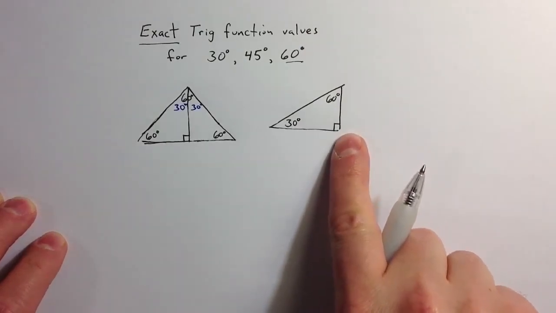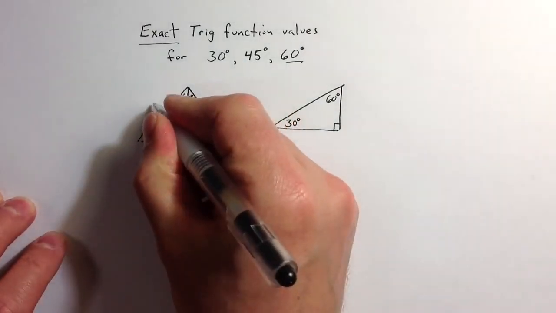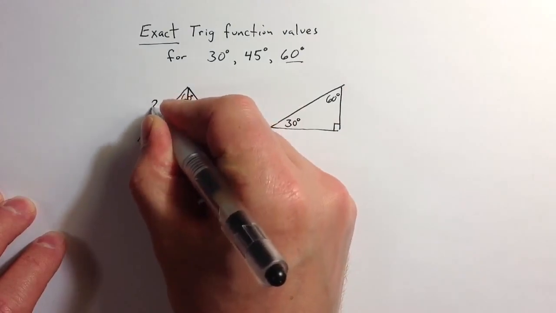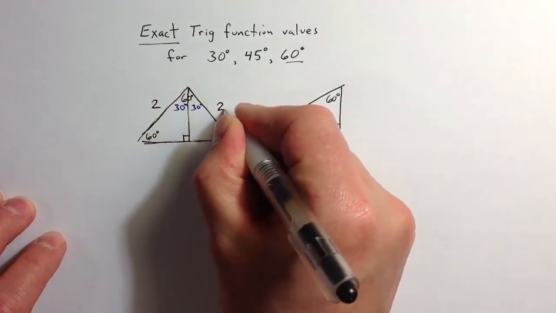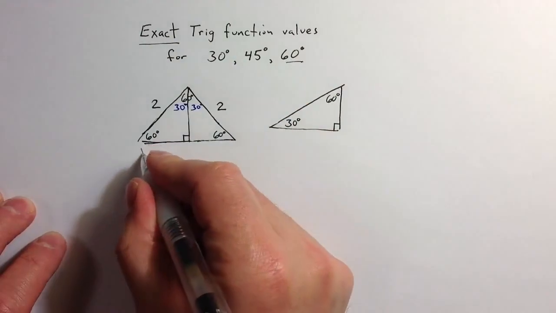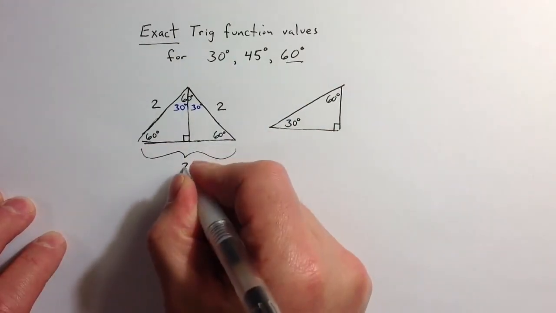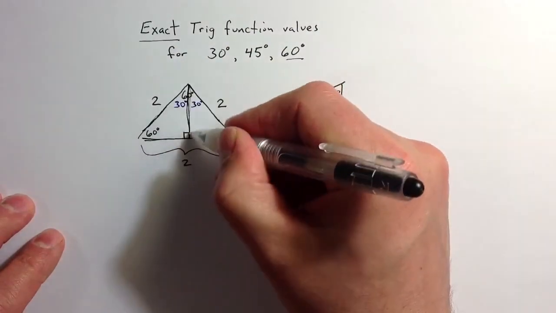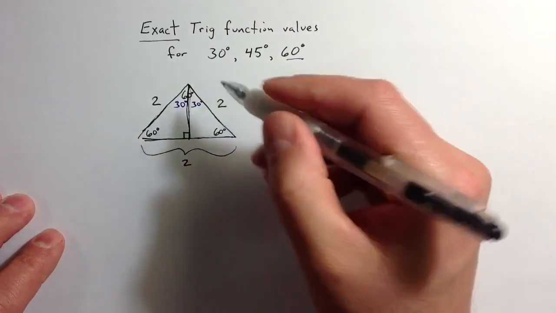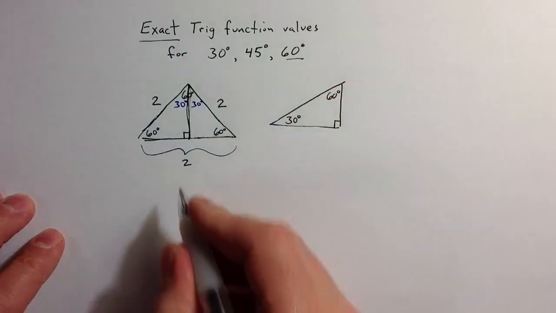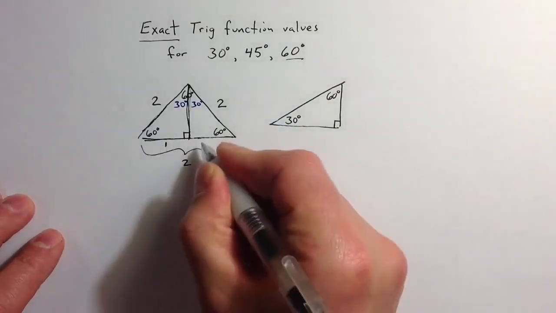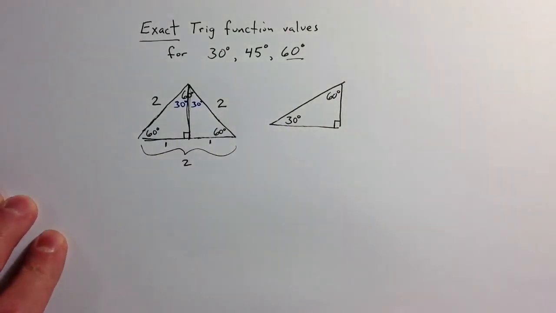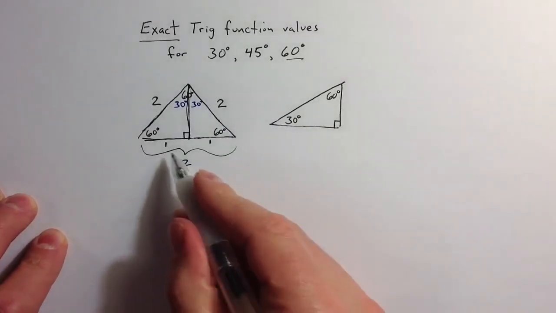And what makes this special is that because this is an equilateral triangle, I know that all three side lengths are the same. And so for convenience, let me say that the side lengths are all 2. When I dropped the altitude to the other side, it split that opposite side exactly in half, because of the symmetry.